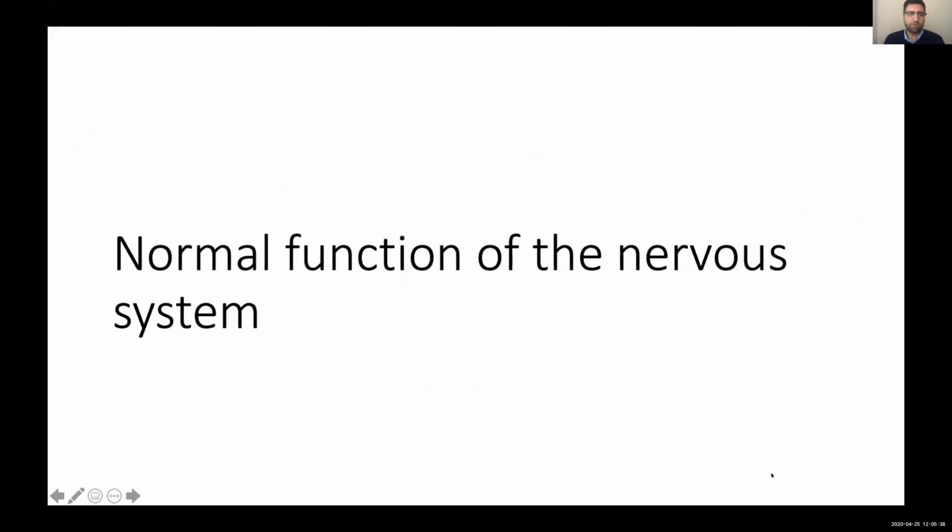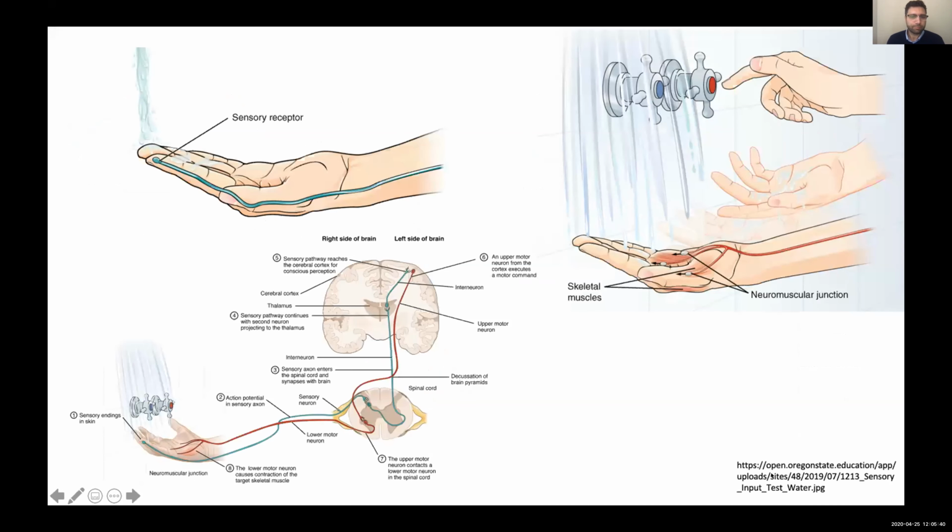So what is the normal function of the nervous system? The peripheral nervous system is made of three parts. There are the sensory nerves, and these also have the sensory receptors. There are the motor nerves that go to the muscle, and there is the autonomic nervous system, which I will show in a little bit. So the sensory nerve first starts by feeling.